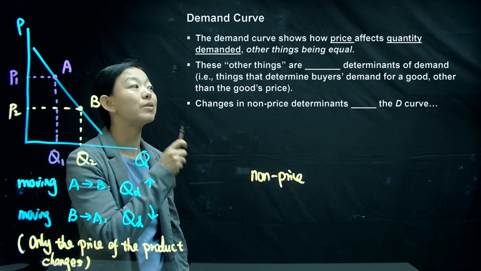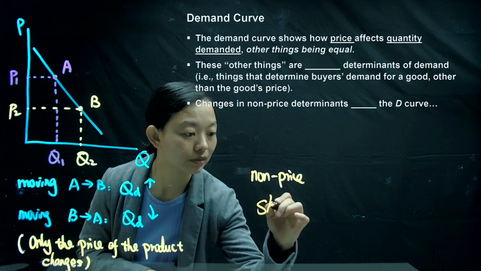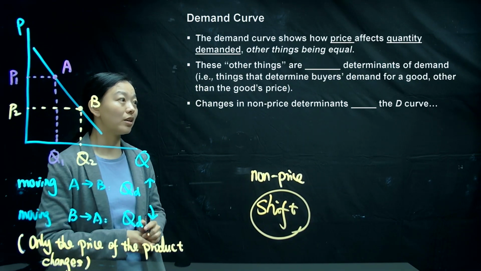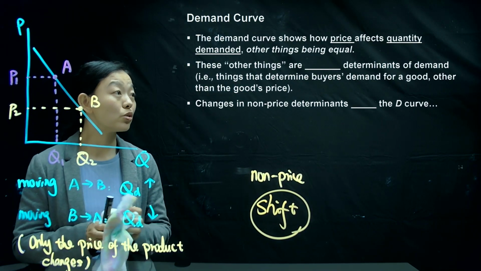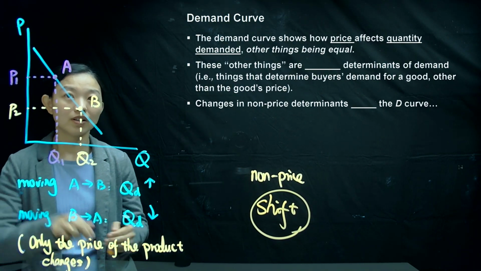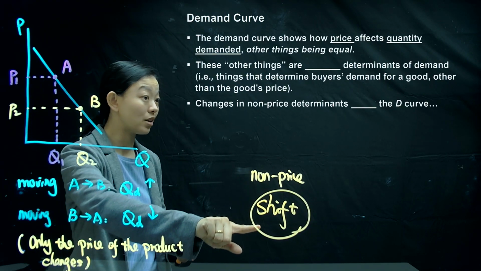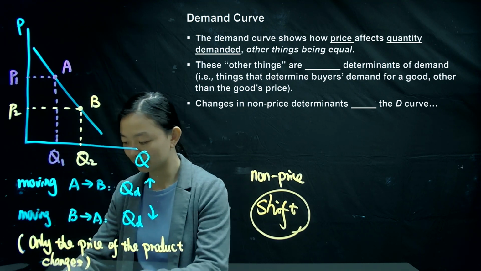A change in non-price determinants would shift the demand curve. So this is very, very important. You need to distinguish the movement along the demand curve and the shift of the demand curve. So for example, I draw you a graph here.